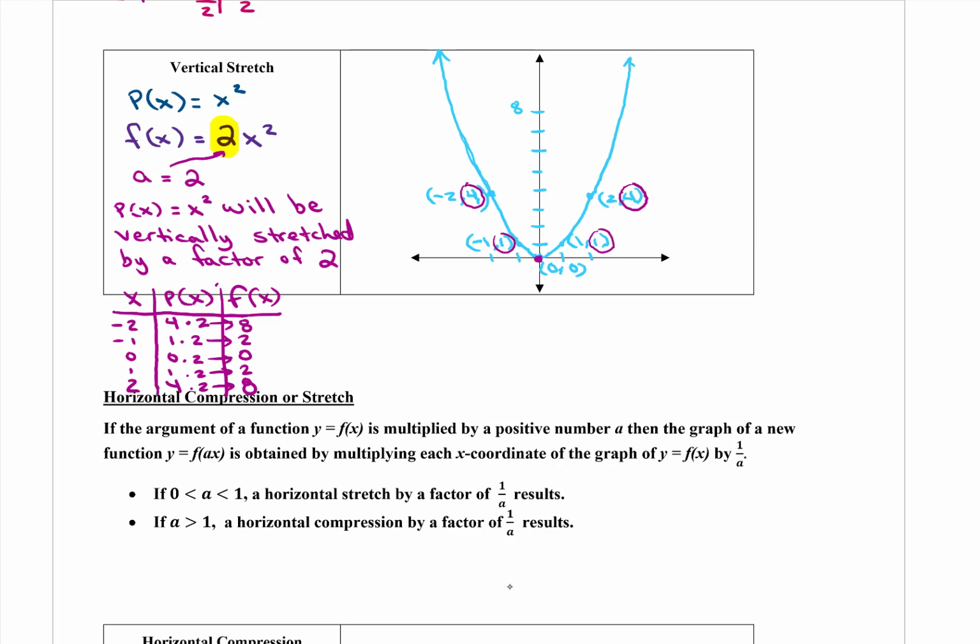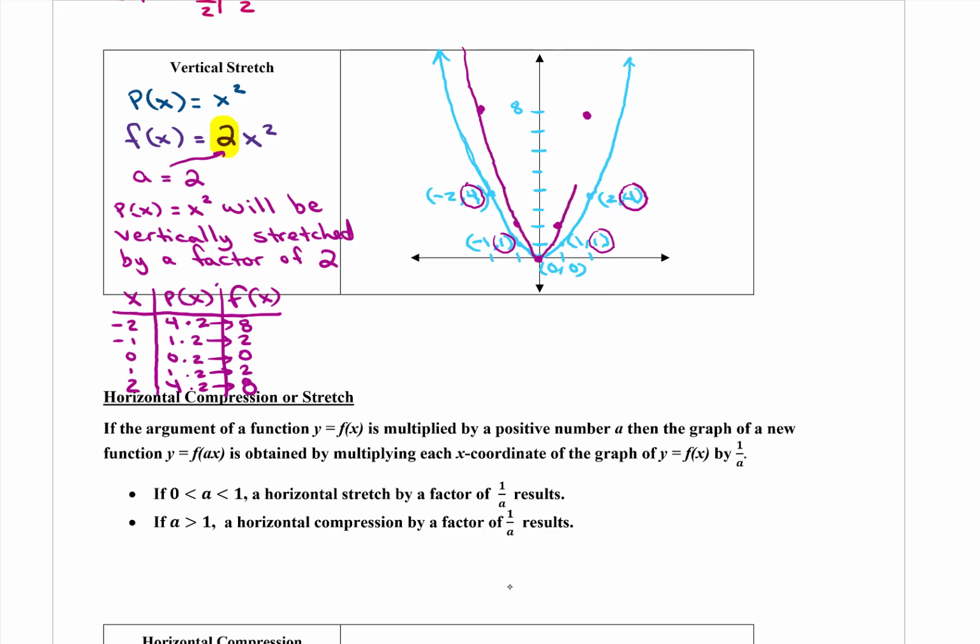Let's go ahead and plot those points. 0, 0, we said, would stay right where it's at because 0 times 2 is 0, so that's not going to change. And then we've got 1 comma 2, 2 comma 8, negative 1 comma 2, and negative 2 comma 8.